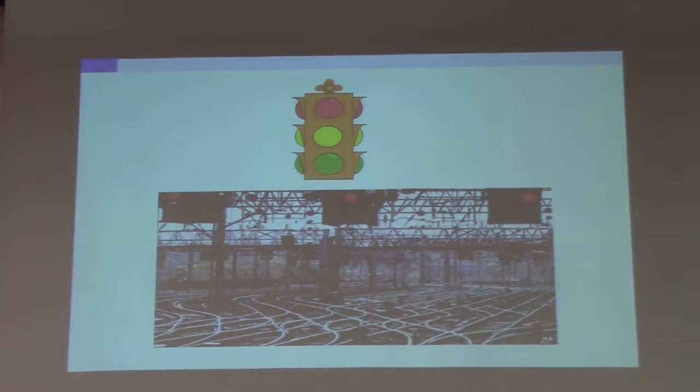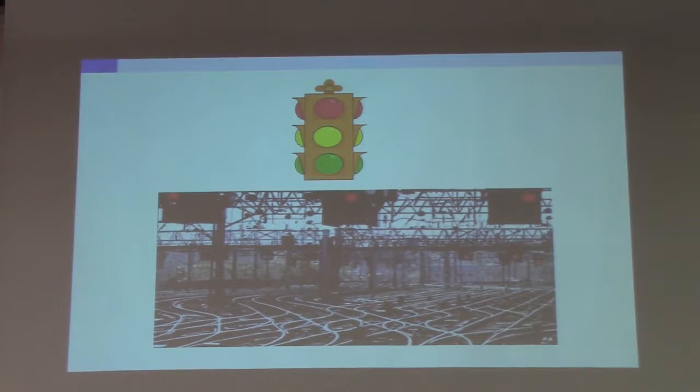So I explained to you what a semaphore is about, right? At the very beginning of the discussion on transactions, we talked about semaphore. And semaphore was invented a long time ago for controlling trains coming in and out of a train station, right? When you have many tracks, they come together.